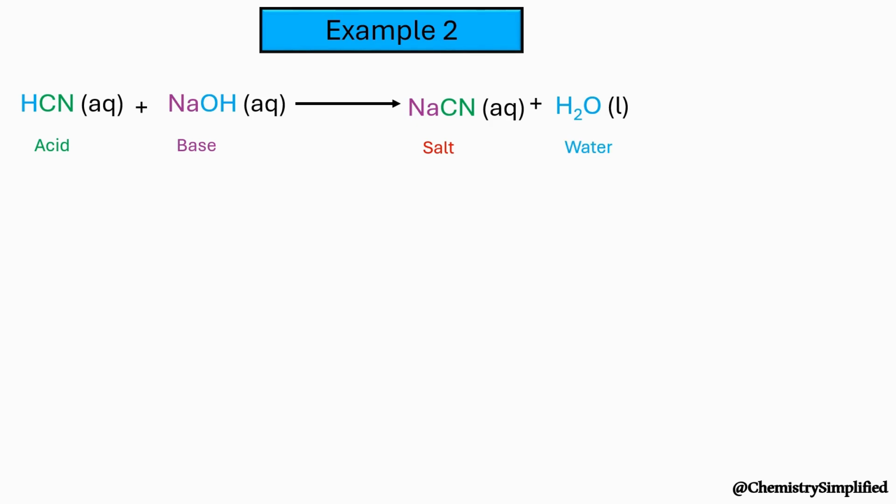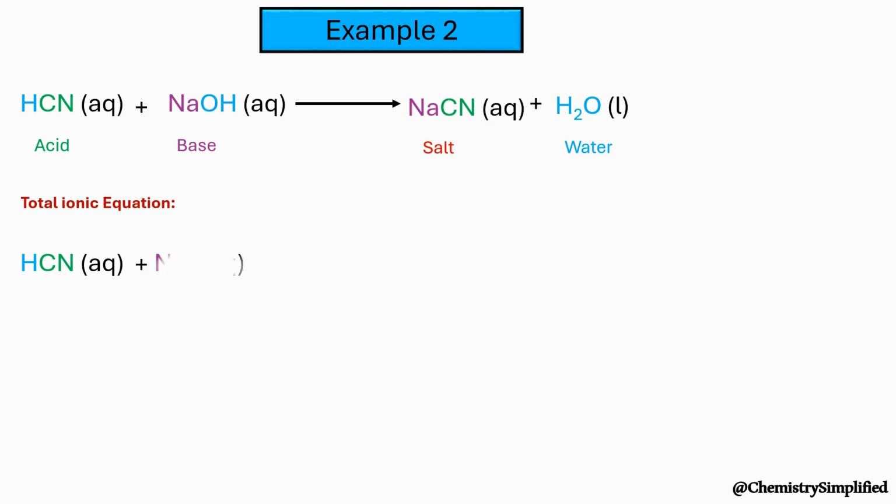Now, since hydrocyanic acid is a weak acid, it does not dissociate much. So when we write the total ionic equation, as we already seen when we looked at the weak acid, we do not expect hydrocyanic acid to dissociate, so it remains the same.